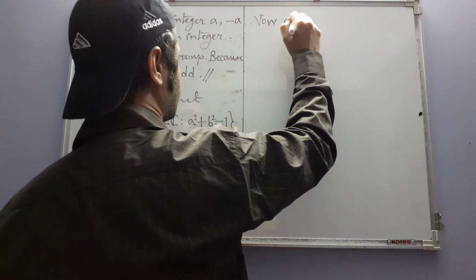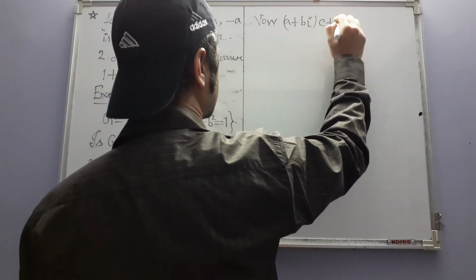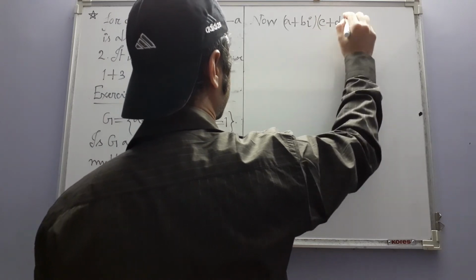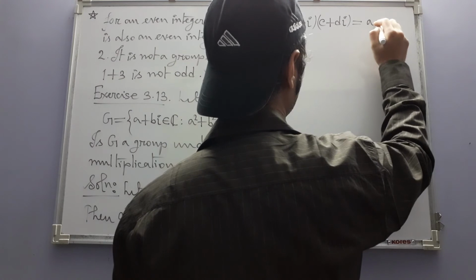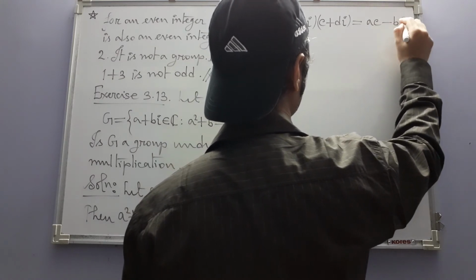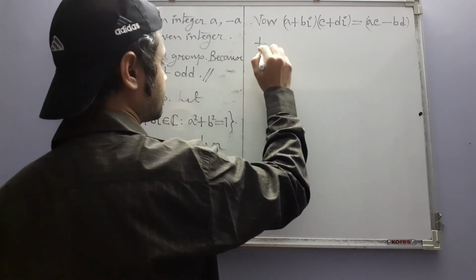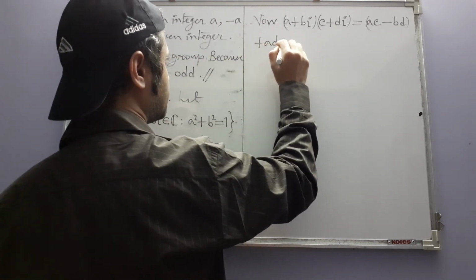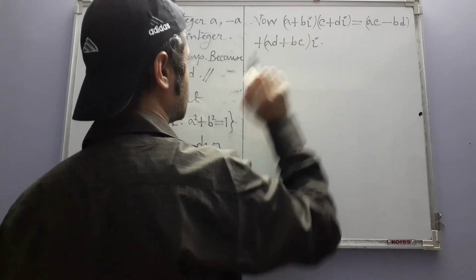Now a plus bi times c plus di, if you do the calculation, you will see it becomes ac minus bd plus ad plus bc times i.